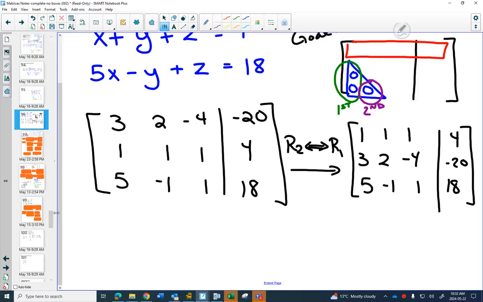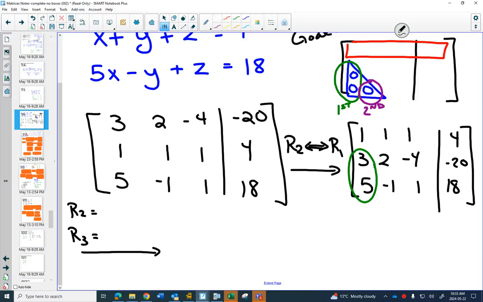Now, goal number 1, which I circled in green, is I want to make these zeros first. And you can do 2 operations at once. So I'm going to change my row 2 and my row 3. So looking in that green circle, I look at that 3.